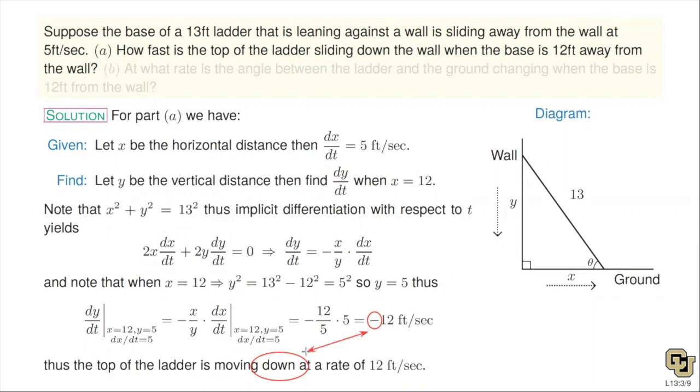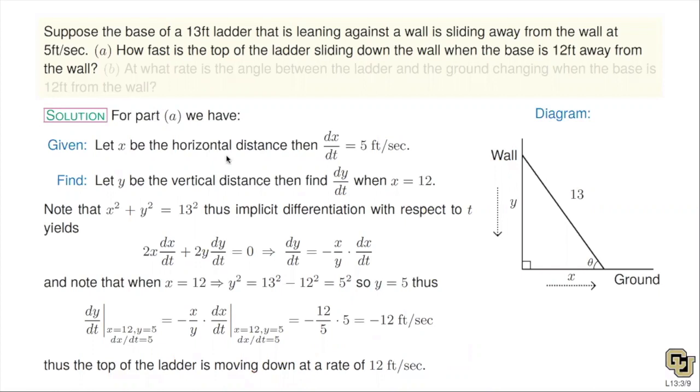So here, this minus 12 is giving us direction as well as the rate at which the top of the ladder is moving down. So I could either say the top of the ladder is changing at a rate of negative 12 feet per second, or I could say the top of the ladder is moving down at a rate of 12 feet per second. I don't want to say the top of the ladder is moving down at negative 12 feet per second. That kind of doubles up.